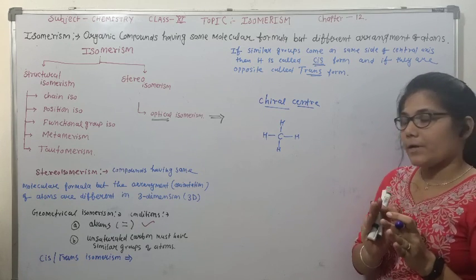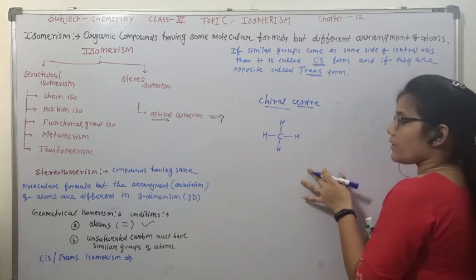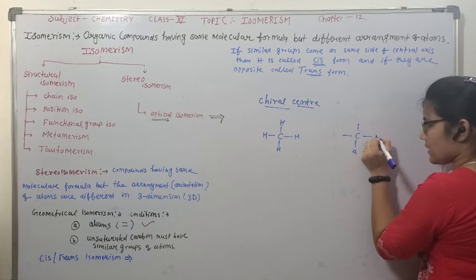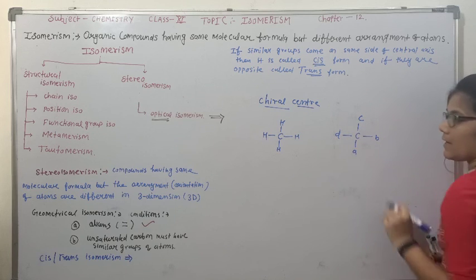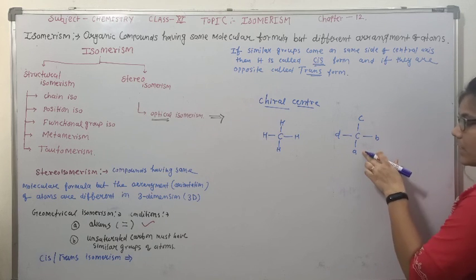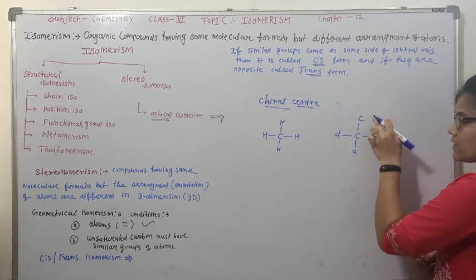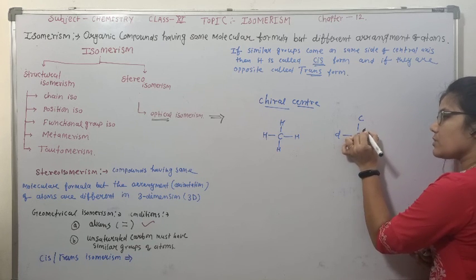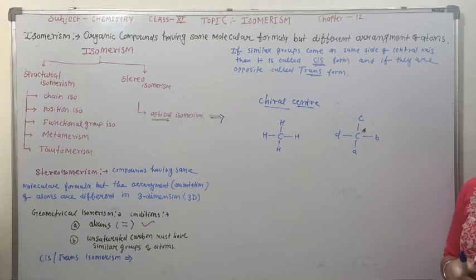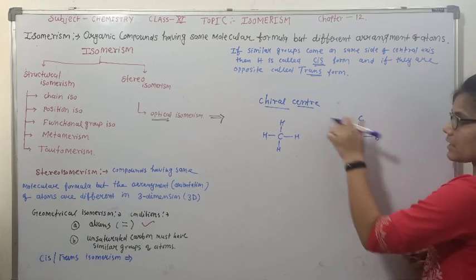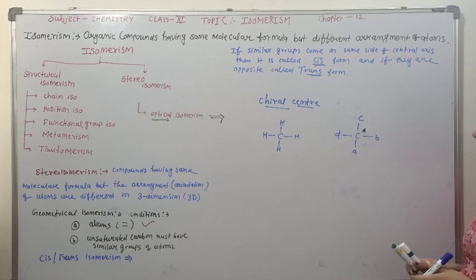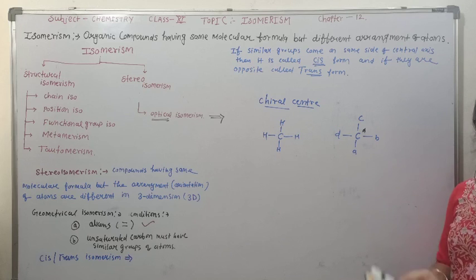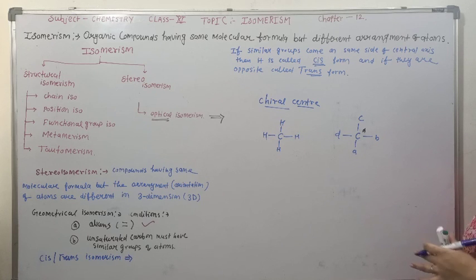If the carbon is satisfied in its 4 valencies by different atoms or groups, you can see here A, B, C, D, different atoms, different groups, such a carbon, such a center is called a chiral center. Repeating, what is a chiral center? The carbon whose all four valencies are different is called a chiral center.